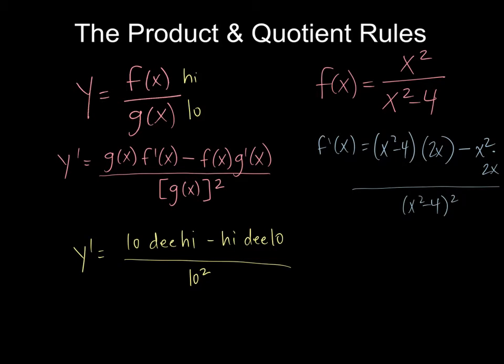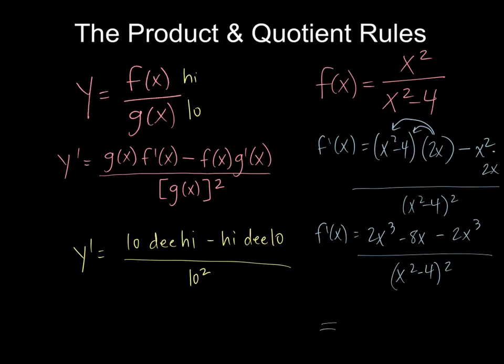So if I multiply out a little bit, I get 2x cubed minus 8x minus 2x cubed when I distribute this 2x, over x squared minus 4 squared, or just negative 8x over x squared minus 4 quantity squared. And that is as simple as that one can get.